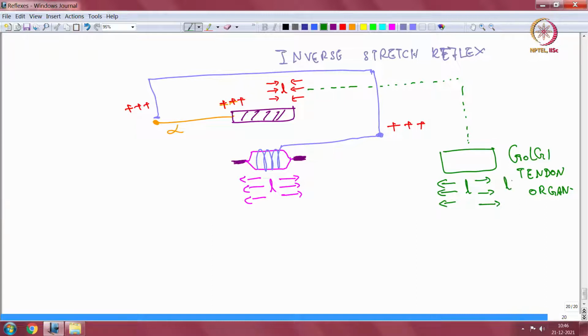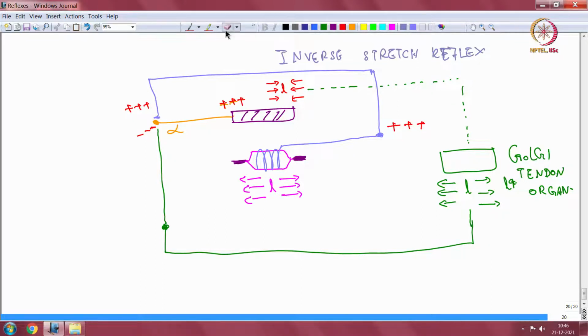So, the length of the Golgi tendon organ is increased when there is a contraction, and that, through multiple neurons, causes an inhibition. So, you have a reduction in the output of the alpha motor neuron, that in turn causes reduction in the length, and that prevents pathological damage.